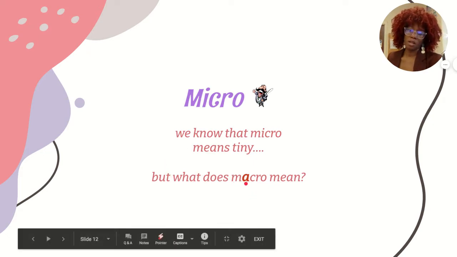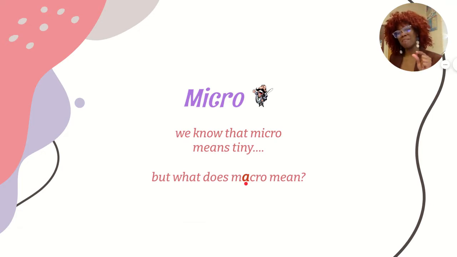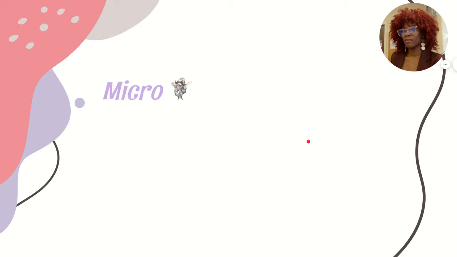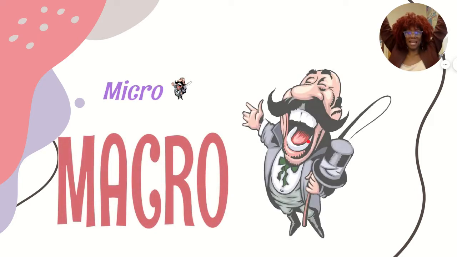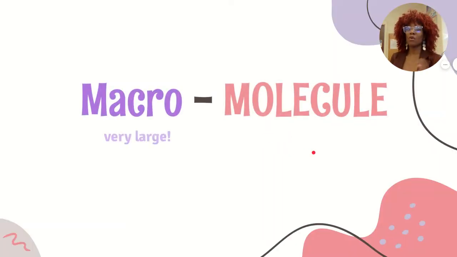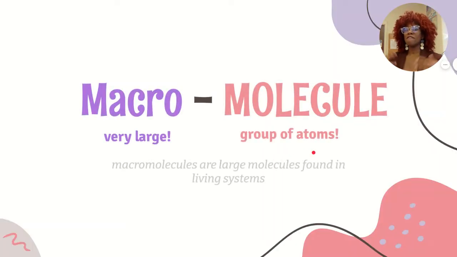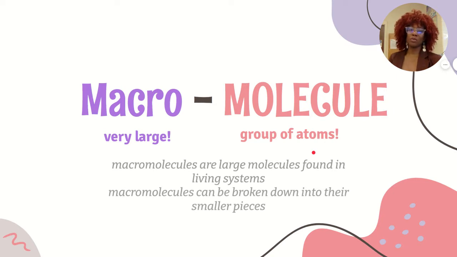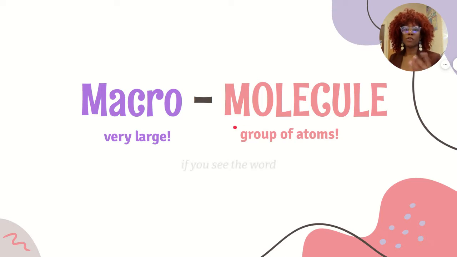If micro means tiny, what do you think macro means? Macro means big. Exactly. So micro, microscope, tiny. Macro means big. So we're talking about macromolecules. We're talking about very large groups of atoms, so very large molecules. We're going to talk about 4 of them today.